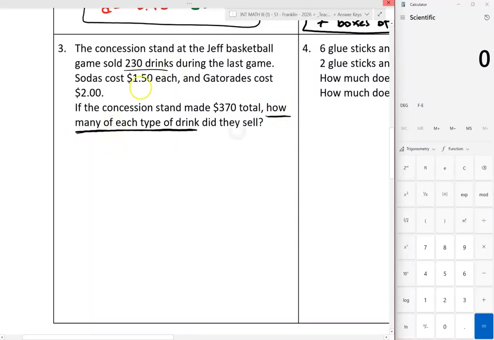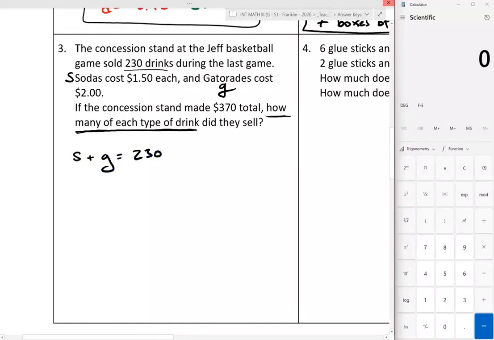All right, well, I'll use S, even though I don't love using S because my S's look like 5. So I'll use S for sodas, and I'll use G for Gatorades, but I'll probably use lowercase on these. So the first one, again, is our quantity. We know we sold 230 drinks. That would be S plus G equals 230.